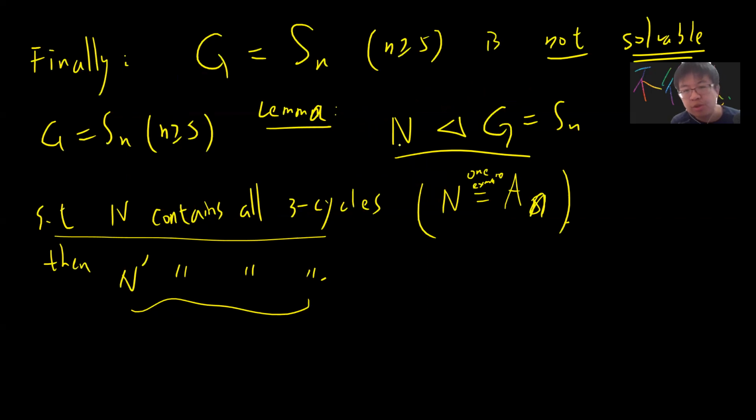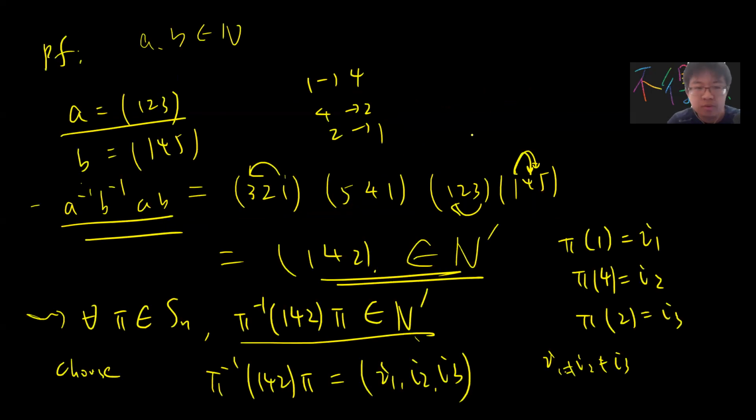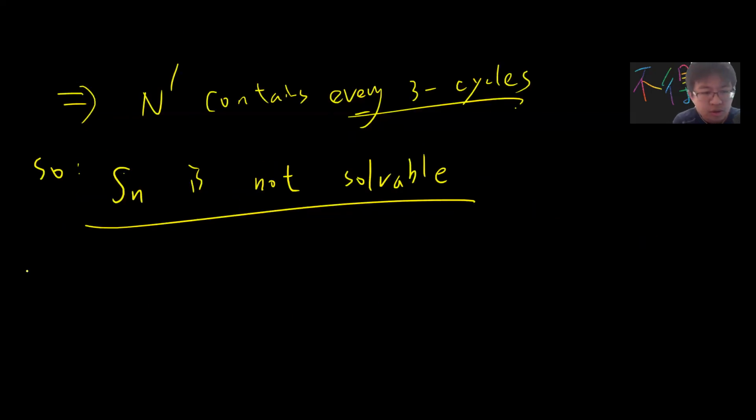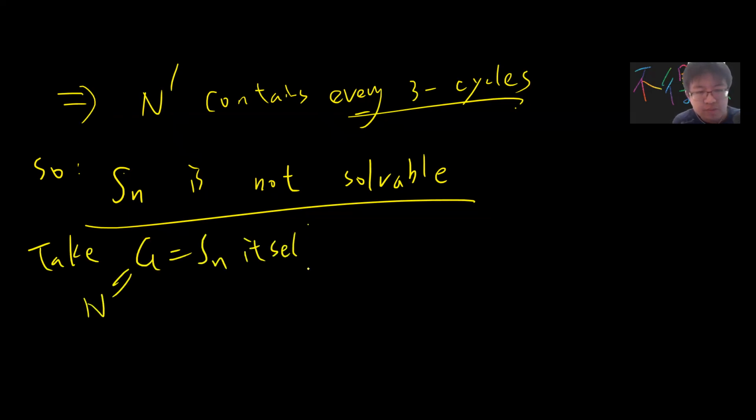Because originally I said N is some normal subgroup of G, which is Sn. Then you just take N to be Sn itself. So just take N to be Sn itself, which tells you that this N prime still contains all the 3-cycles, right?